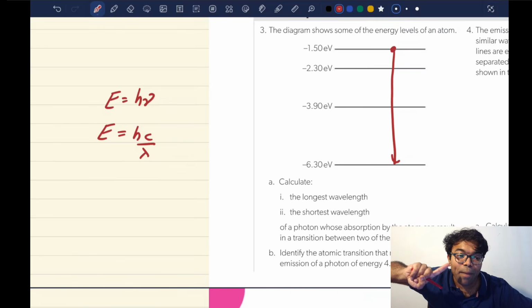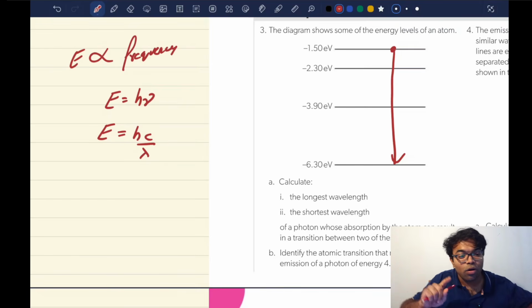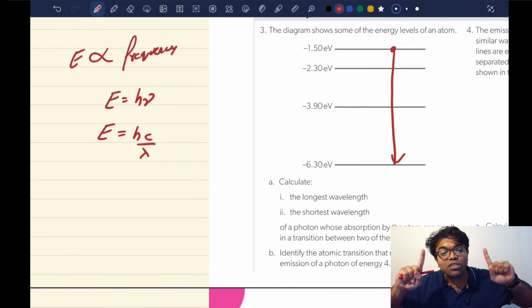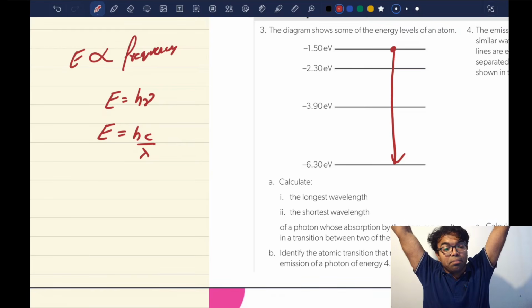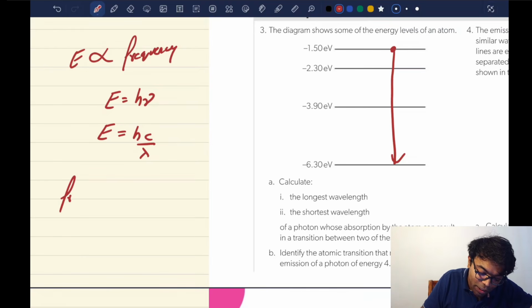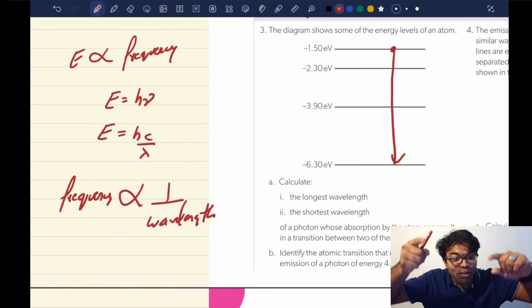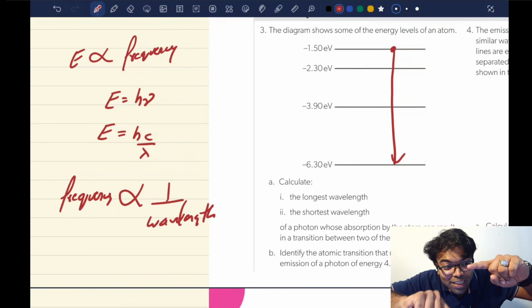If you have the maximum energy possible, we know that energy is directly proportional to frequency. So the radiation's frequency would be maximum. But we also know that frequency is inversely proportional to wavelength. So the wavelength would be the smallest.